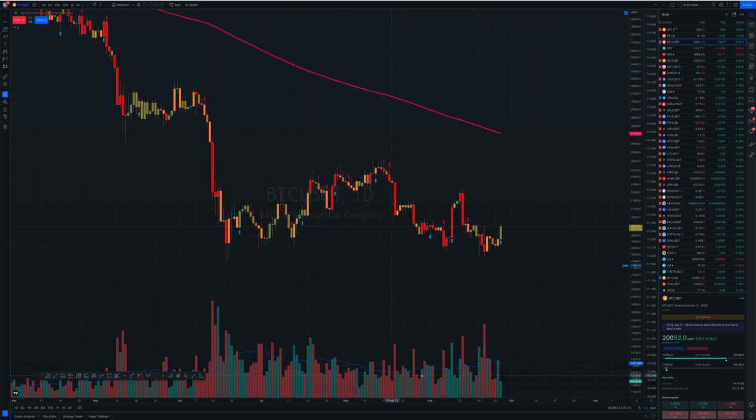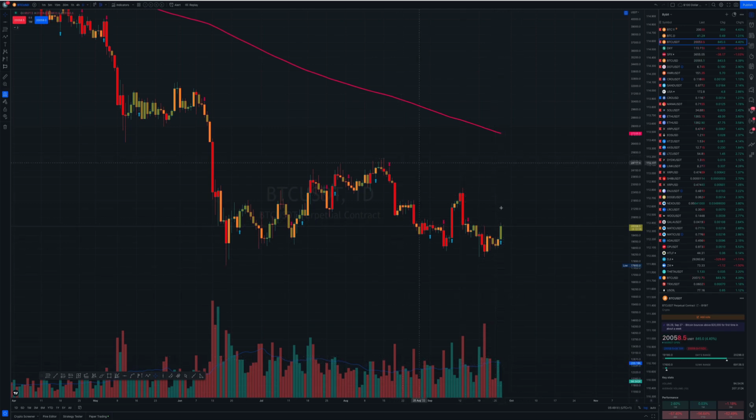At the bottom, we just have volume bars, and they're red and green, showing how the candle closed. You can see we've had high volume pushing the price down, bearish, and then we've just had this nice green volume, and the price has moved up.